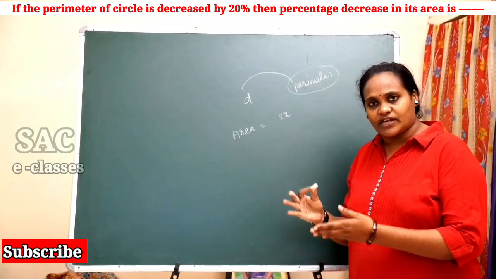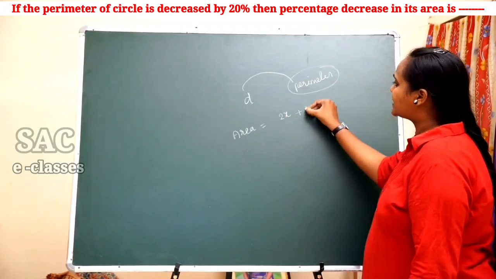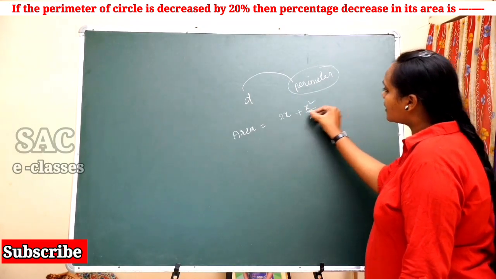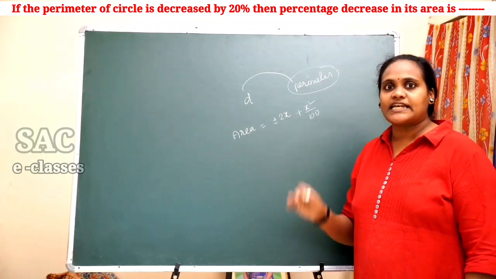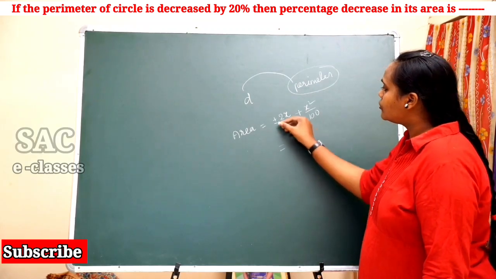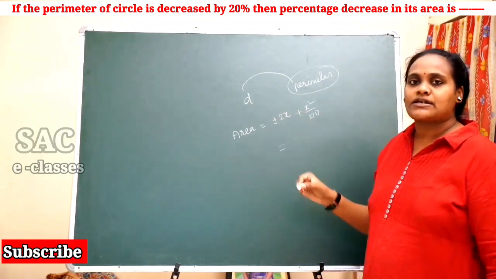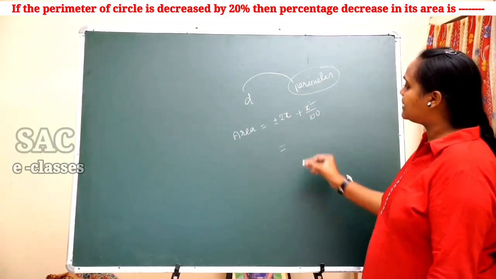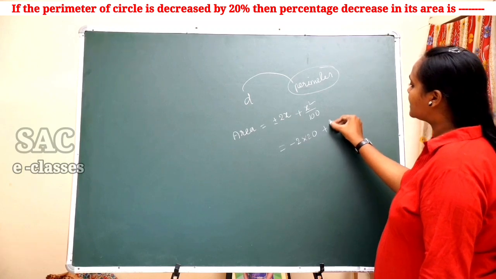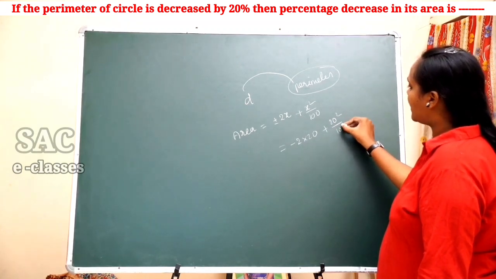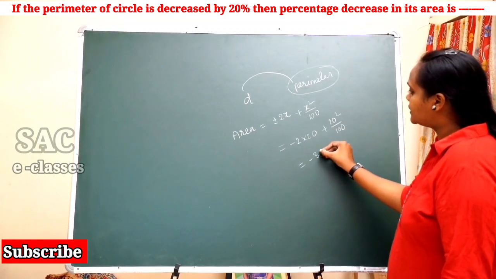What we used for square here, 2x plus x square by 100, whether plus or minus. Plus means increased, decreased means minus. So now you have to take plus or minus. I should take minus, reason 20% decrease. So minus 2 into 20 plus 20 square by 100.